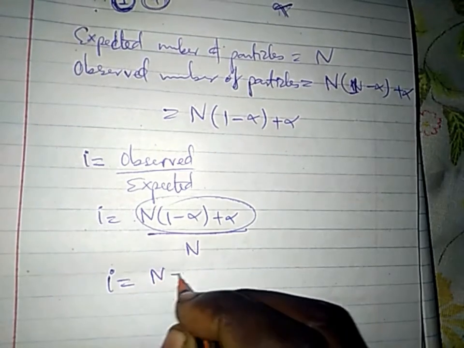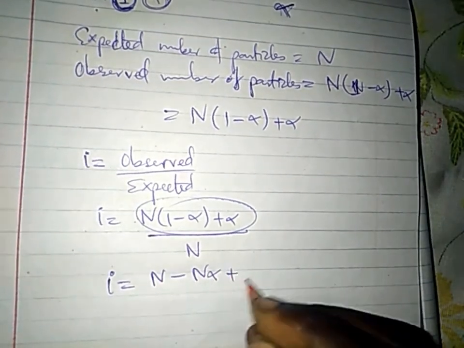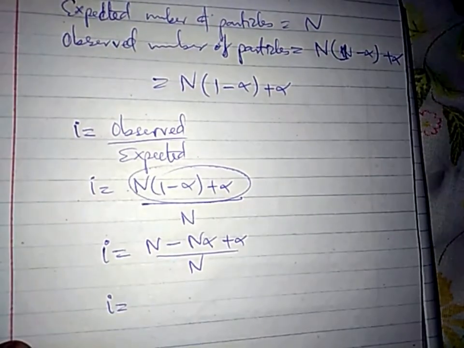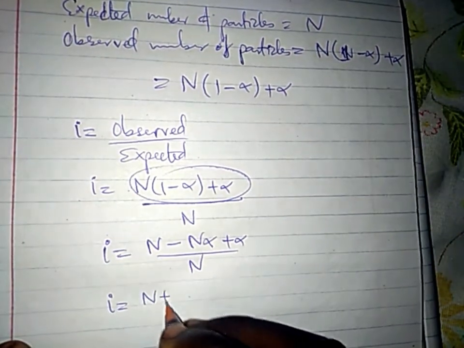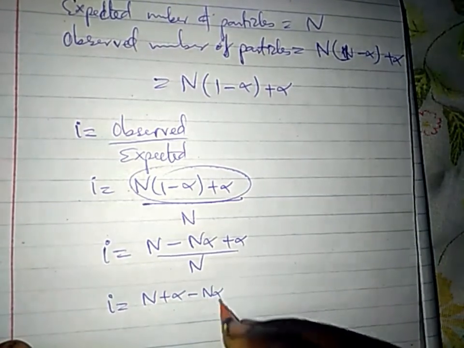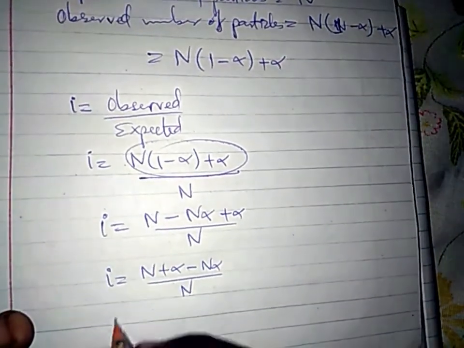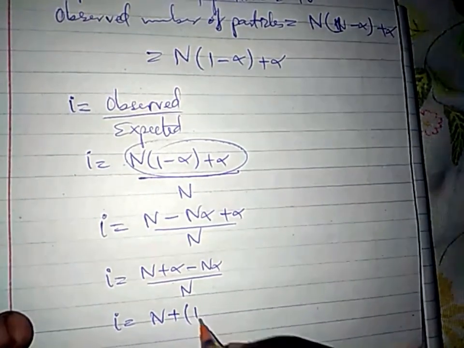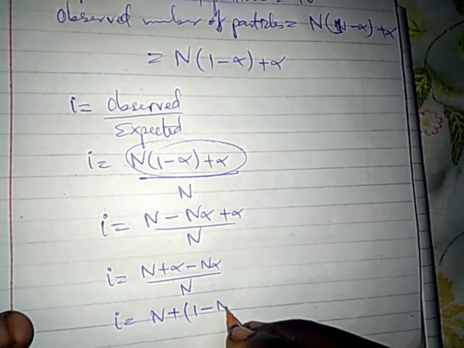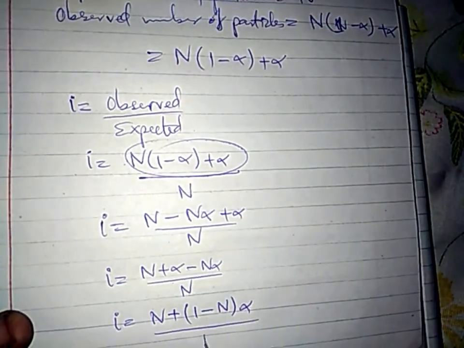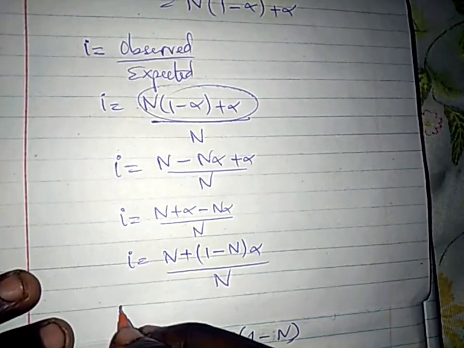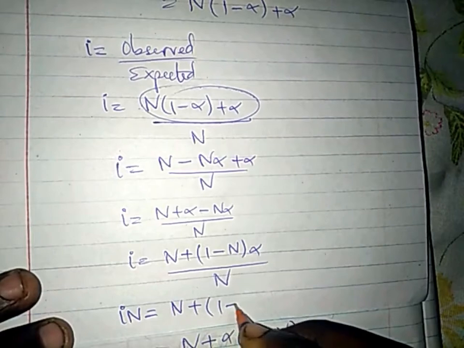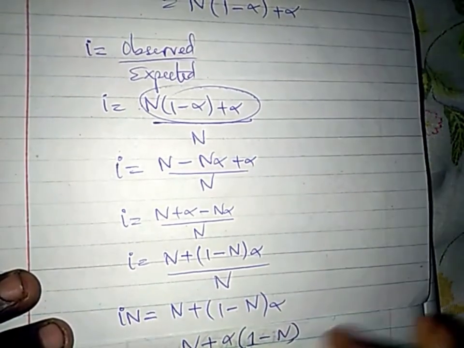So it will be n minus any degree of dissociation plus degree of dissociation divided by n. So Vantage Factor will be equal to n plus degree of dissociation minus any degree of dissociation divided by n. So its Vantage Factor is equal to n plus 1 minus any degree of dissociation divided by n. So Vantage Factor n is equal to n plus 1 minus any degree of dissociation.